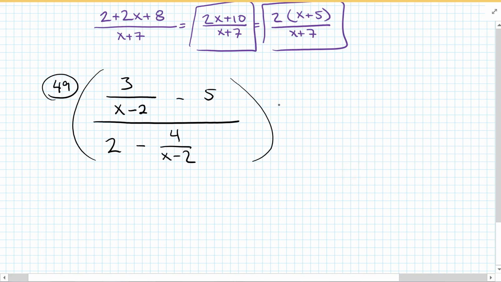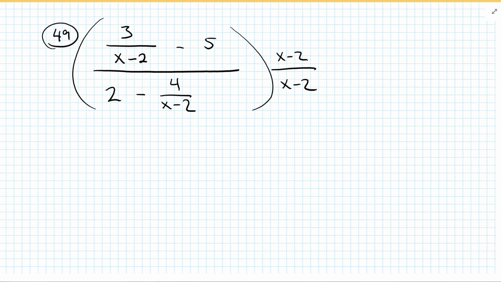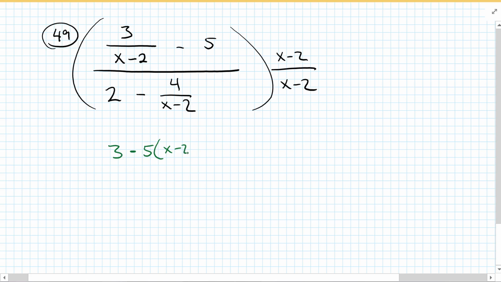I'm going to multiply everything by x minus 2, top and bottom. So when we do that, first term on the numerator just becomes 3. The second term is minus 5 times x minus 2, so we're going to have to distribute the negative sign at top, over 2 times x minus 2 minus, the x minus 2's are going to cancel, 4.